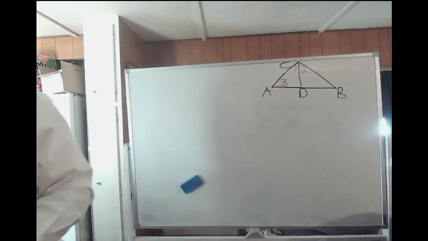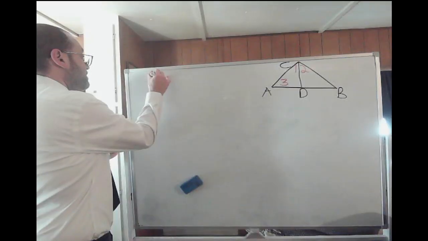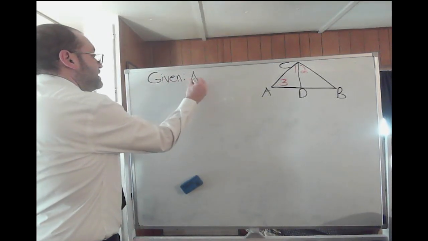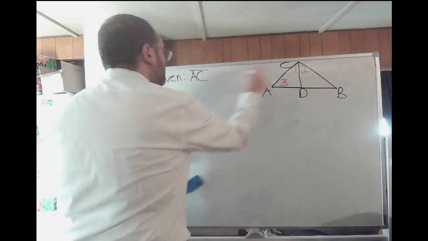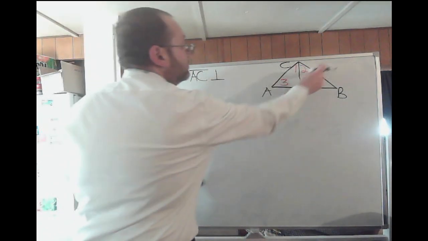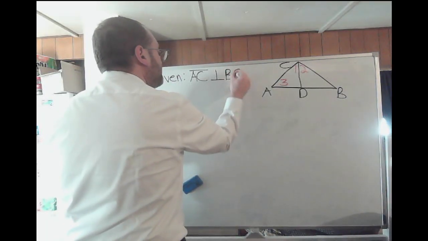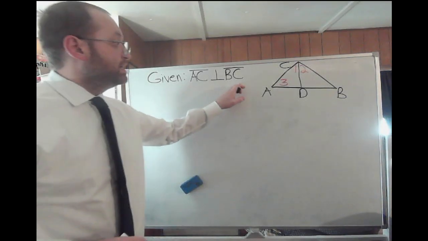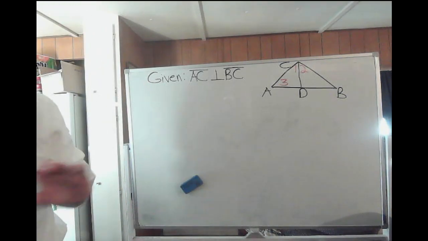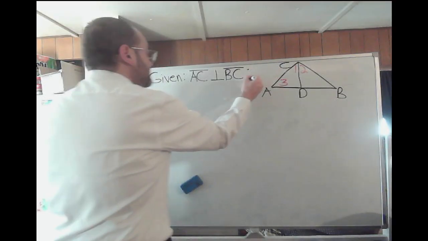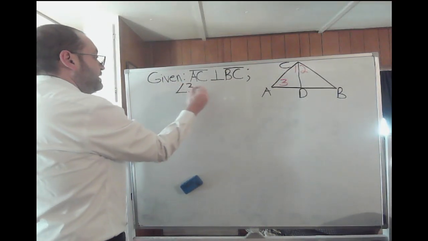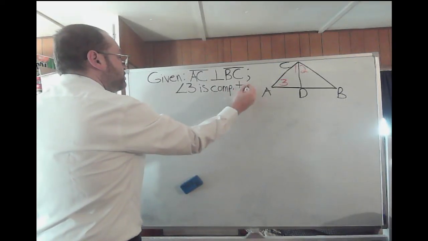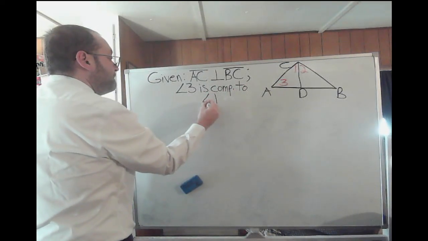Well, what have they given us? We are given in this exercise that line segment AC right here is perpendicular to line segment BC right there. We've also been given that angle 3 is complementary to angle 1.